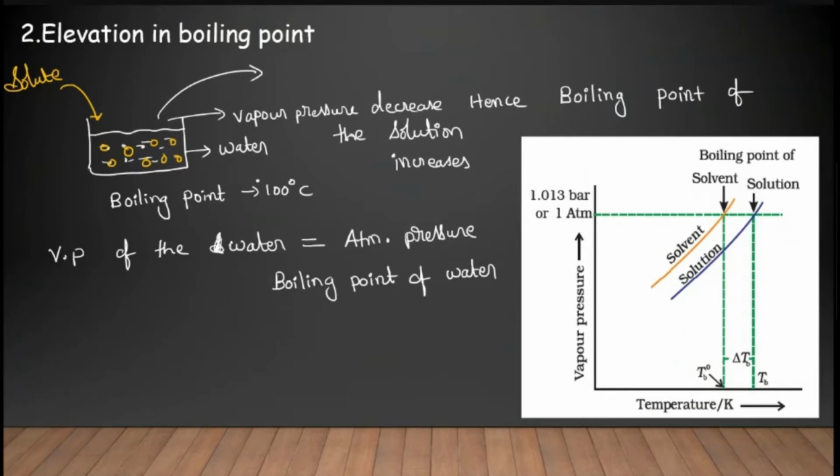The atmospheric pressure is 1 atmosphere or 1.013 bar. So due to the addition of solute particles, the vapor pressure has decreased, and the vapor pressure of the solution has to match the atmospheric pressure.